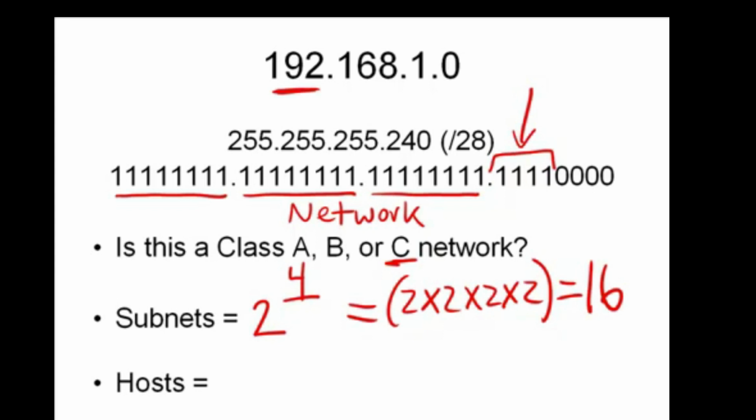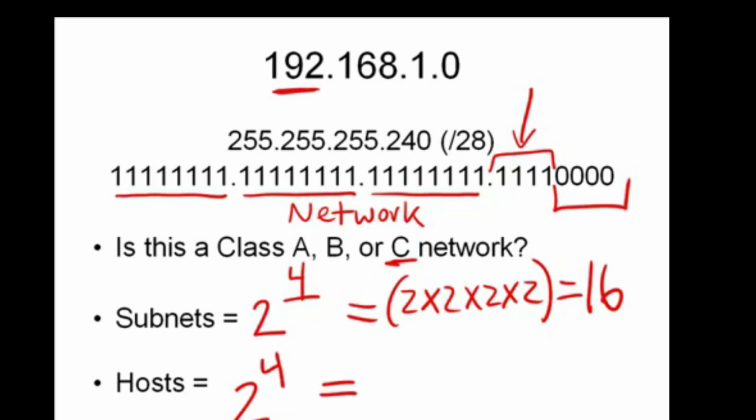If we move on and now look at the hosts, our formula here is 2 to the power of the number of host bits. Well, we stole 4 host bits in this to make this subnet mask, so we only have 4 left. We plug that in our formula here, and in fact it's the same as a subnet.